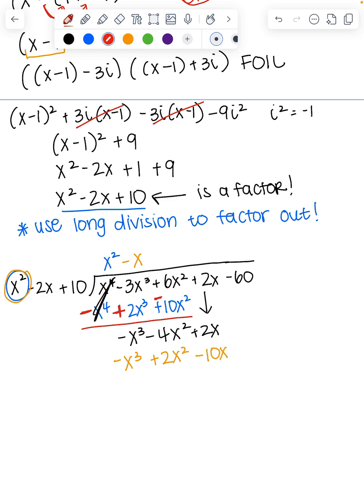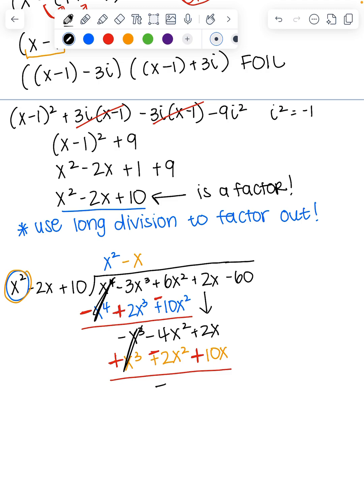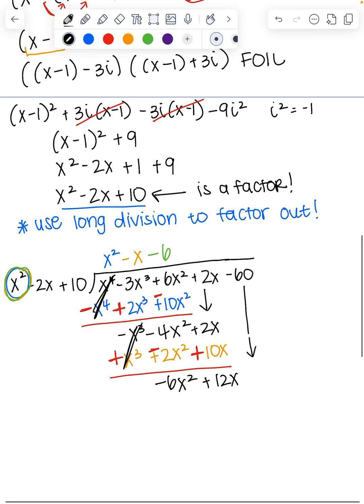Okay, go ahead and change all of the signs. So addition, negative, addition. All right, this will cancel. Great. I have negative 6x squared and then plus 12x. Okay, my next one, still using x squared to decide. I have negative 6. Okay, and so let's send this back through. Oh, wait, I forgot to bring down my last portion, which is going to be minus 60.